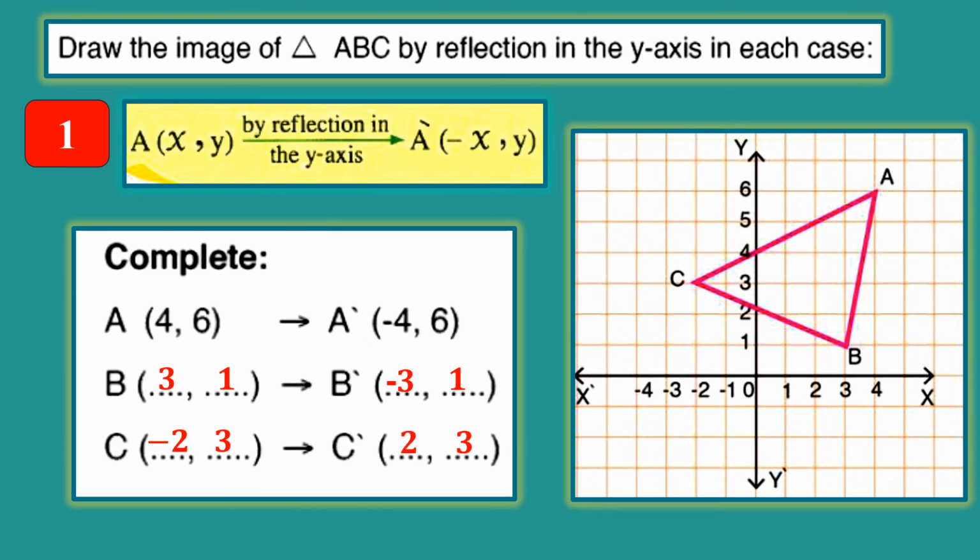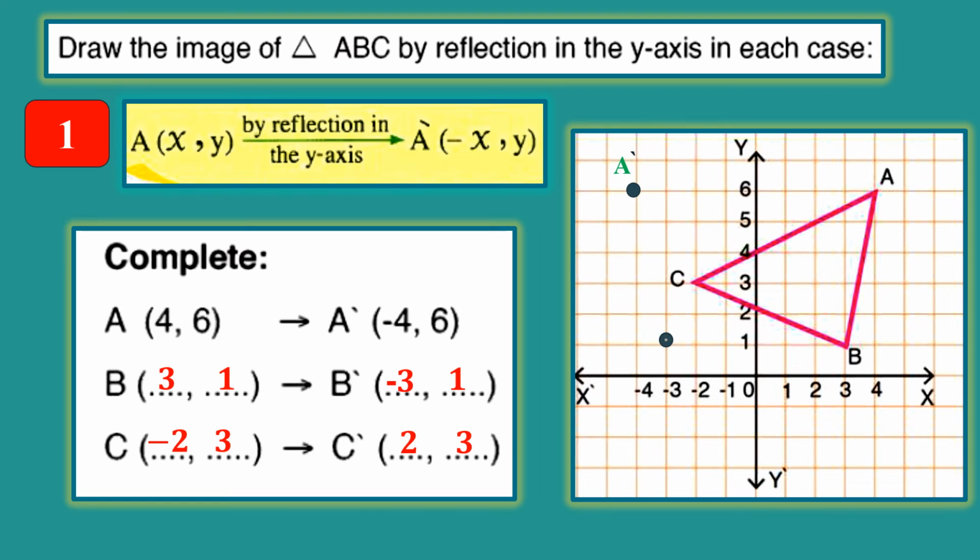Now draw the image A dash, B dash, C dash. A dash is (-4, 6). On the x-axis, I stop at -4 and rise up to number 6. It becomes A dash, this point. And also B dash, -3 on the x-axis to 1.